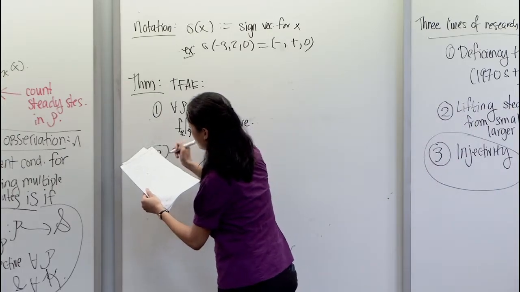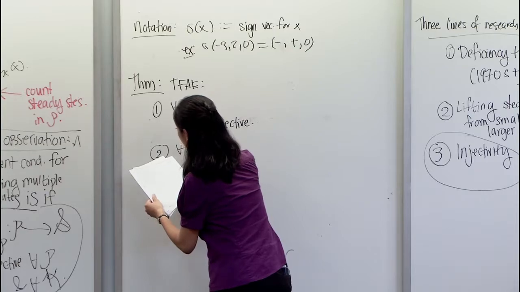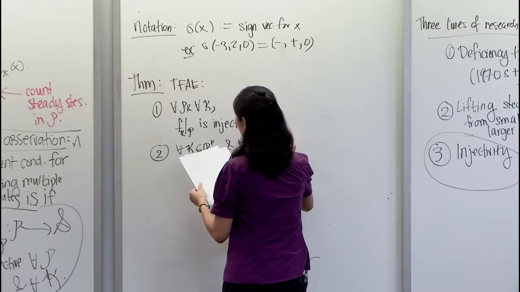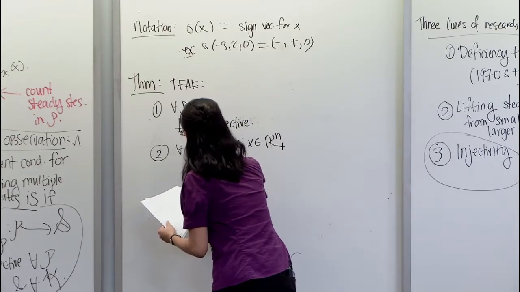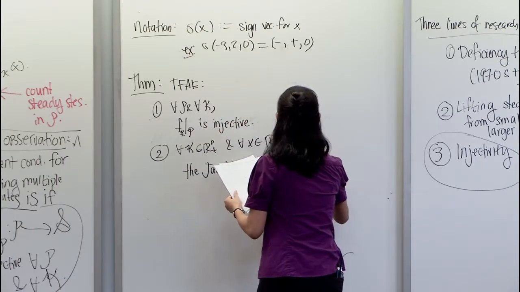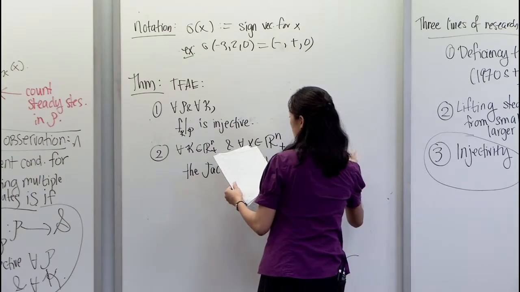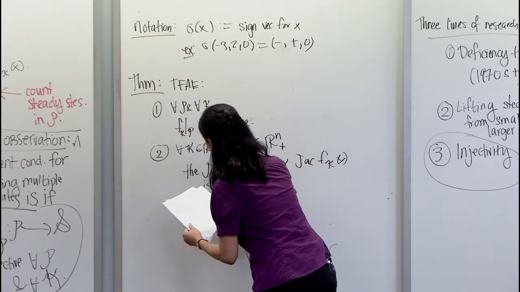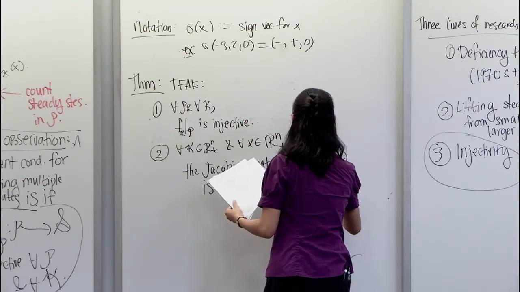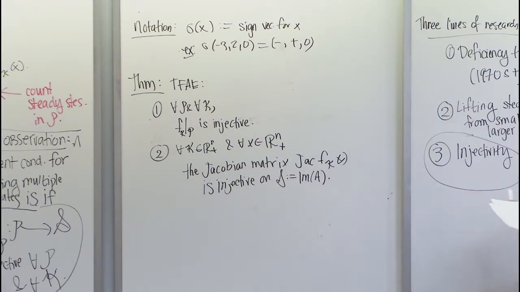So part 2, this one is easier to check. It says for all kappa and for all x in R^n plus, the Jacobian of f sub kappa of x is itself injective on S. So this is asking a different question, whether the Jacobian matrix is injective on this subspace S. On S equals what there?